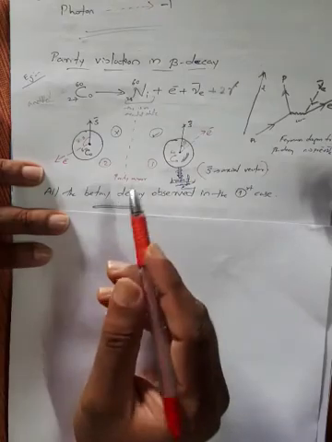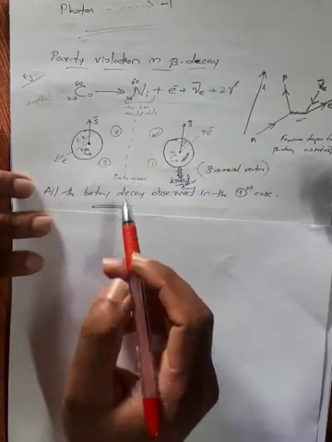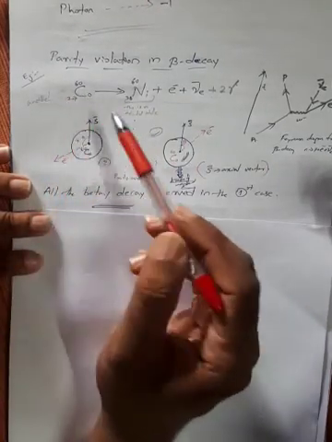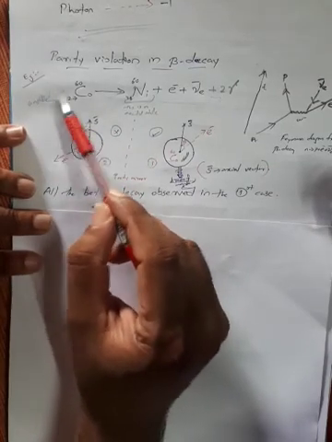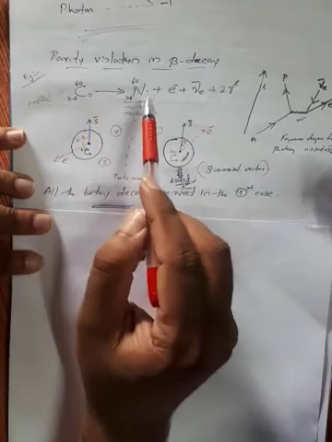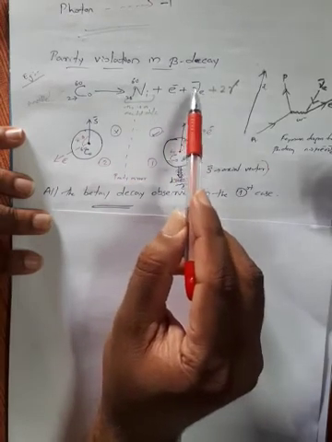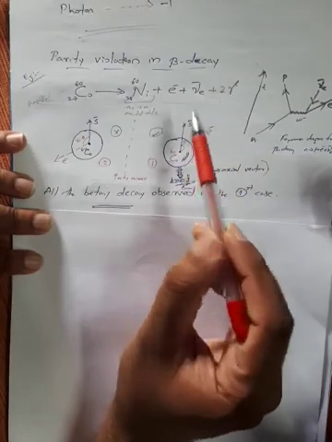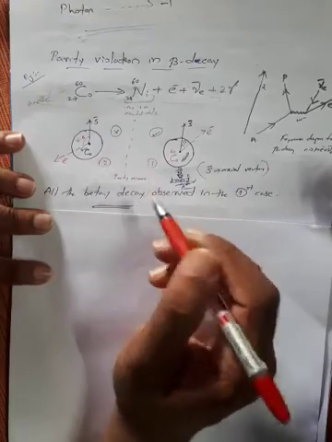Now the parity violation in beta decay was demonstrated by Wu's experiment. In this experiment they used cobalt 60, an unstable element, and it decays to nickel 60, an electron and an anti-neutrino, plus generally two photons as well. Now we are just looking at these three only.